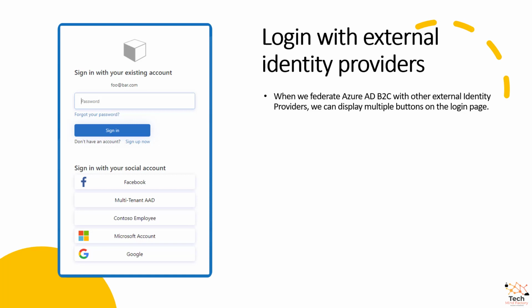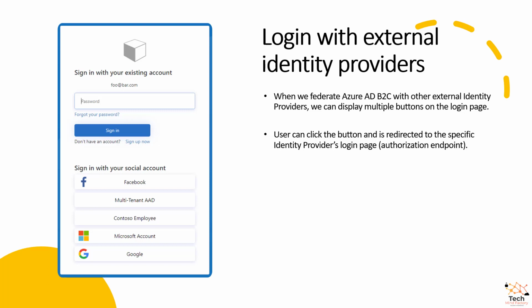There is Contoso employee button, but there can be also XYZ employee button and so on. User can click the button and user is redirected to the specific identity provider's login page. So underneath, user is redirected to the authorization endpoint of external identity provider. And this approach is good, however, there is a challenge. And let's talk about it.